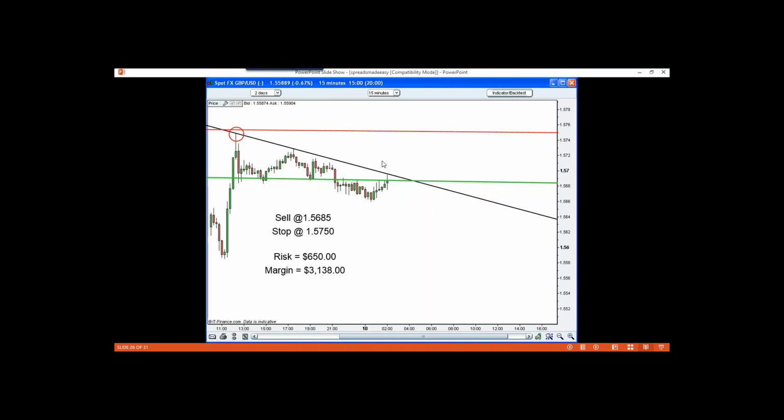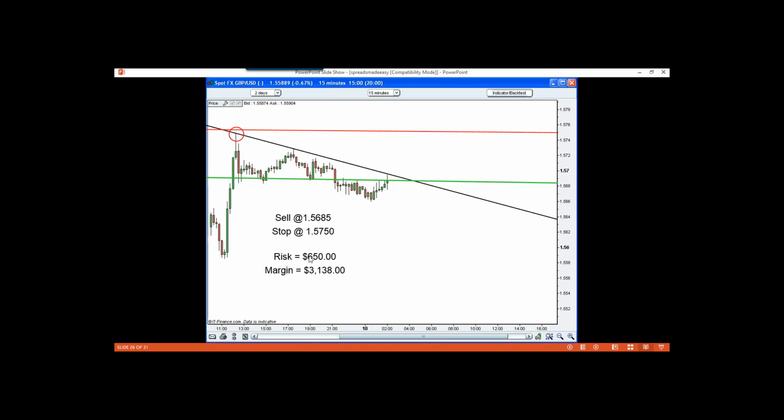What am I willing to risk on this trade? Where do I want to put my stop loss? What's the most that I want to lose on this trade? Let's just say, for example, that I had a larger account and I'm trading Forex. So I have to put up over $3,100 in margin, just on hold from my account just to enter this trade, much less what I could risk. So I say, you know what?